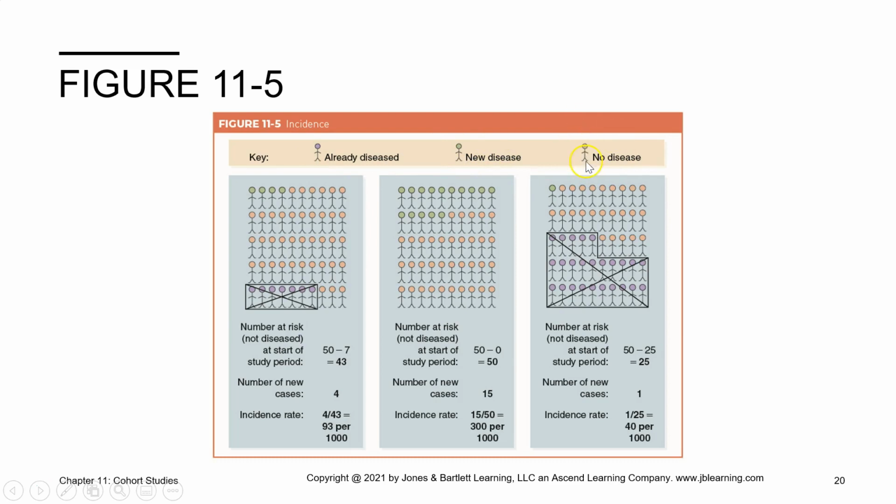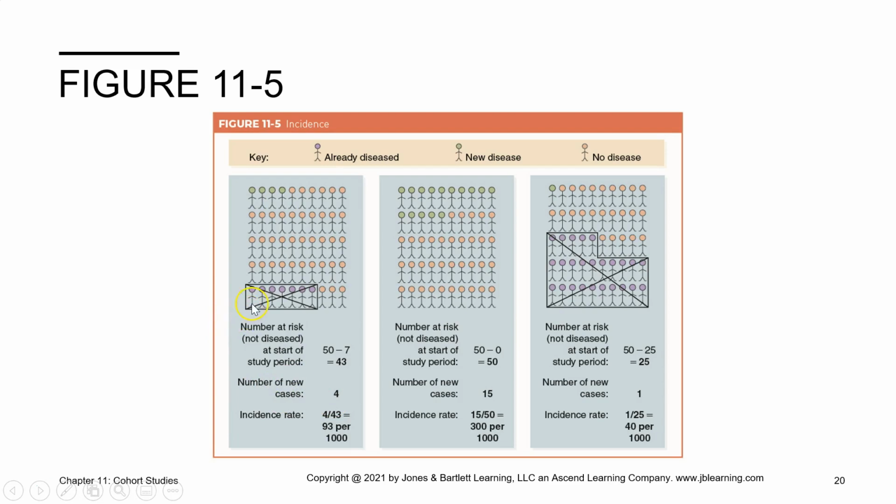And then I think this is peach, or let's say orange, have no disease. And so here, starting off on our first column on the left, we have 1, 2, 3, 4 with new disease. And this is represented here as the number of new cases, 4.